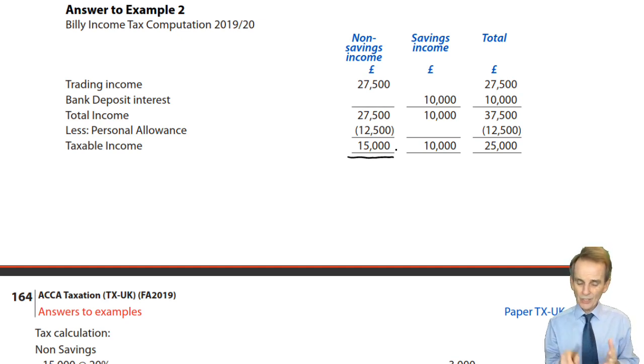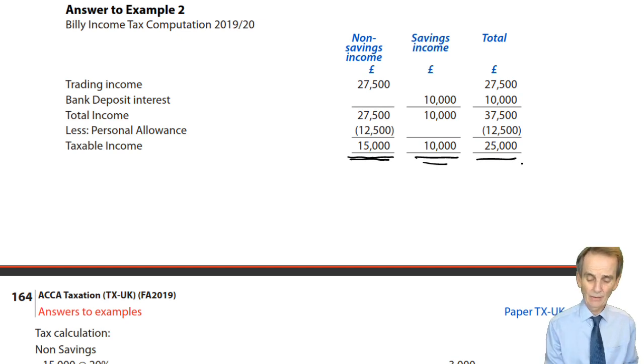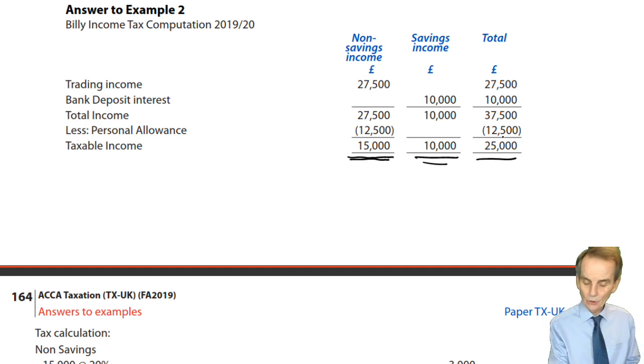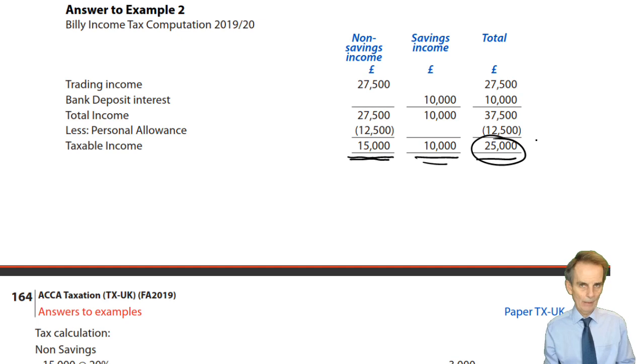So what does this tell us? This tells us here at this point, when you have £15,000 of non-savings income, £10,000 of savings income, this is taxable income of course I should say, £25,000 total taxable income. It tells you that 25,000 is less than the basic rate band limit of 37,500.